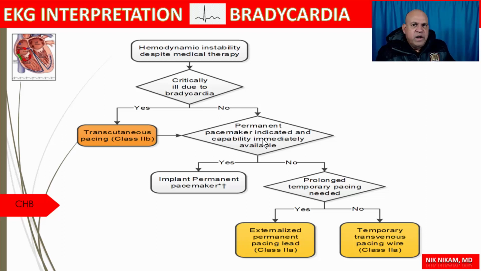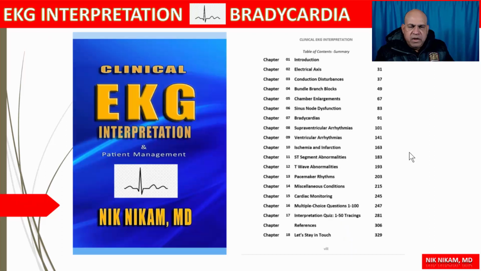Otherwise, if permanent pacemaker capability is available, we can insert a permanent pacemaker. If a permanent pacemaker is not available, we can temporarily pace these patients using either an external pacemaker or a temporary transvenous pacemaker. That concludes our presentation on the chapters sinus node dysfunction and bradycardias.